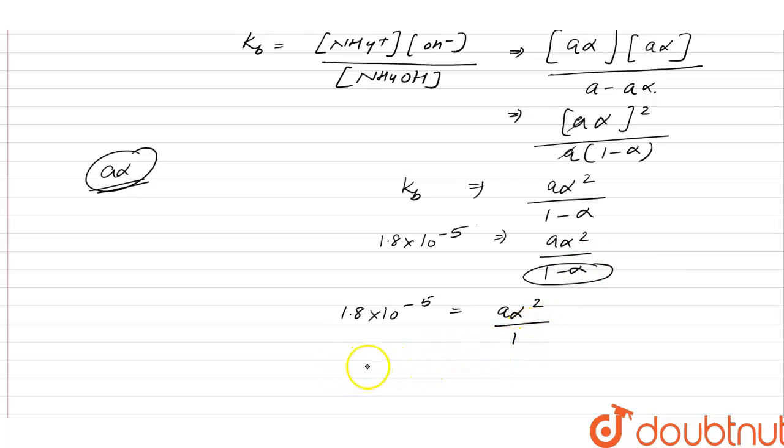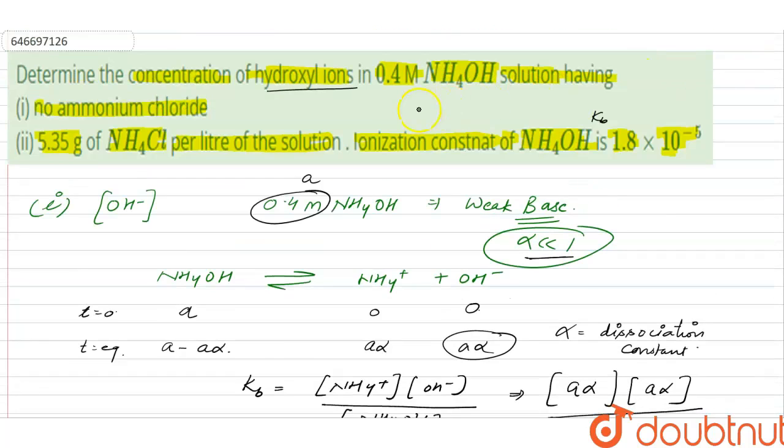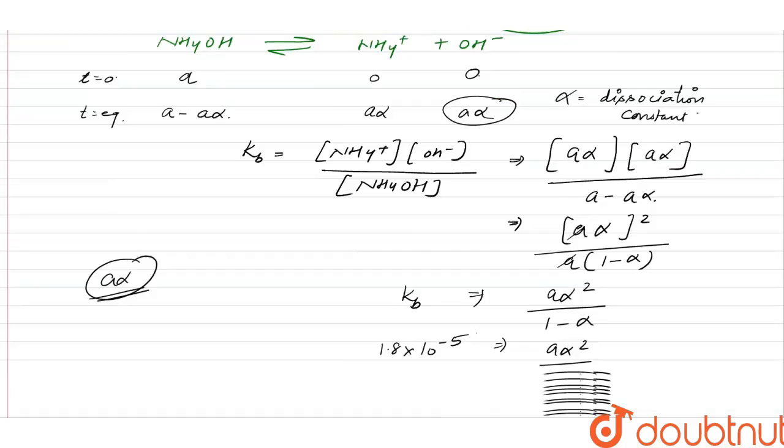So Kb equals A alpha square. Since we have to calculate the value of alpha, alpha equals under root 1.8 into 10 to the power minus 5 upon A, and here our concentration A is given as 0.4 molar.